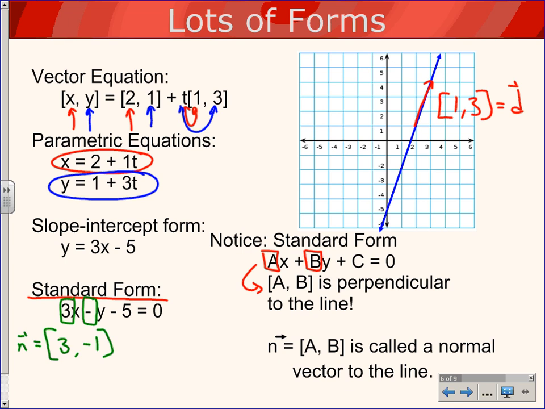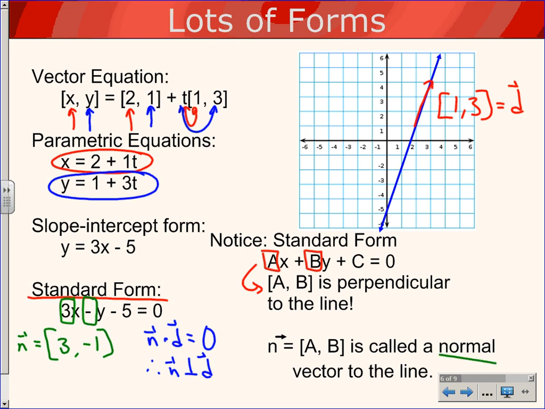If we do the dot product of n and d, we get a +3 and then a -3. We get 0, which means that those two are perpendicular. Right, that was one of the good uses of our dot product. So the standard form equation, if we take those coefficients, the vector that we get is always perpendicular to the line. And that particular vector gets called a normal vector.